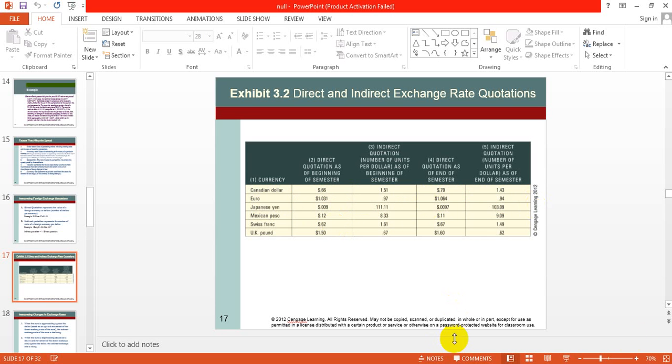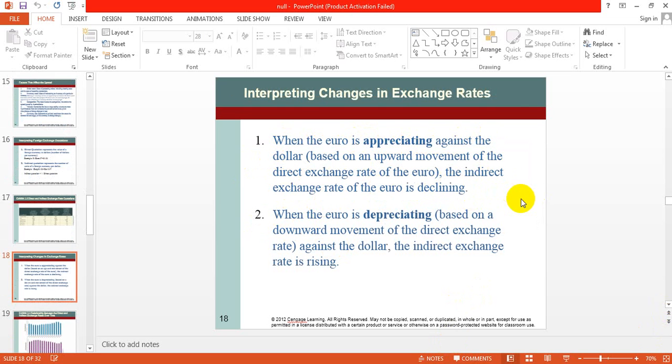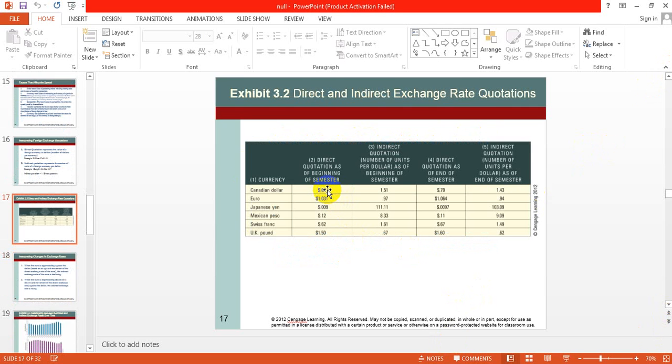Similarly for all these. Now here is a point. When the euro is appreciating against the dollar, the indirect exchange rate of the euro is declining. Now see, what was the direct quotation here? 0.66. And what was the indirect quotation? 1.51.